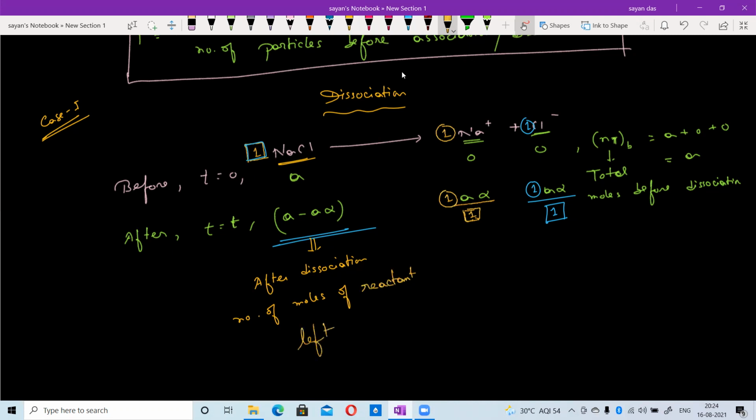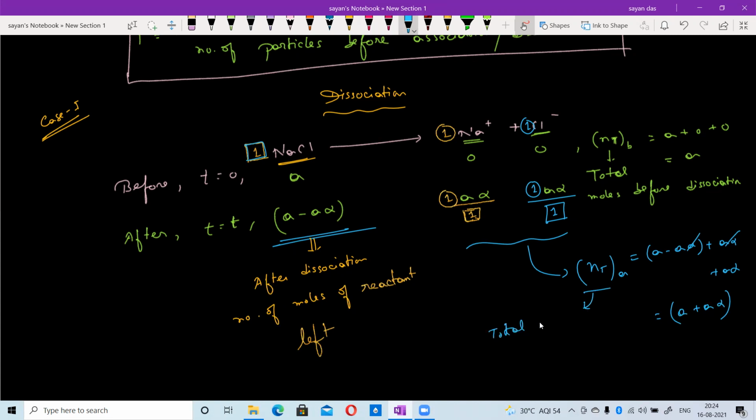Okay. Now in this case, please find out n_T, the total moles after dissociation. We can write a minus a alpha, that is the reactant side, plus a alpha. What you get is a plus a alpha. Okay. Now what is alpha? I am explaining. This is the total moles after dissociation.